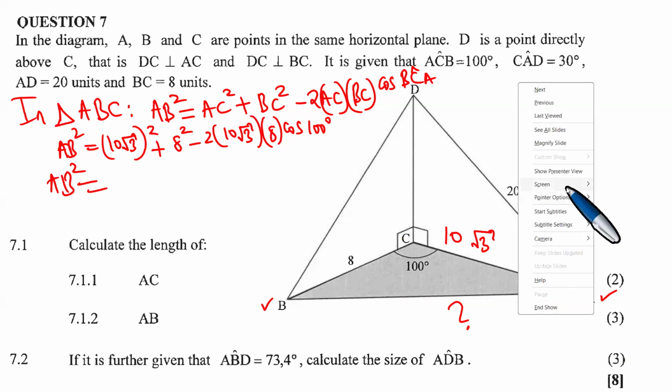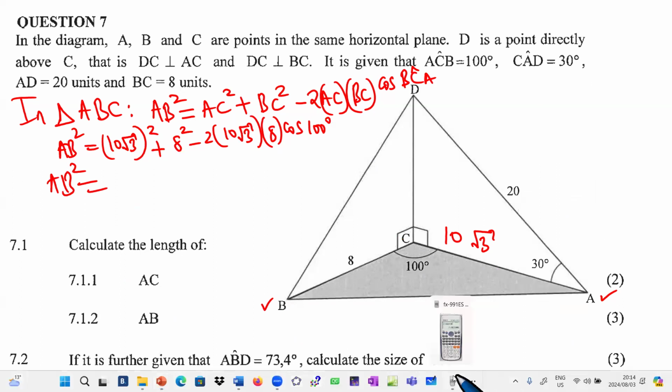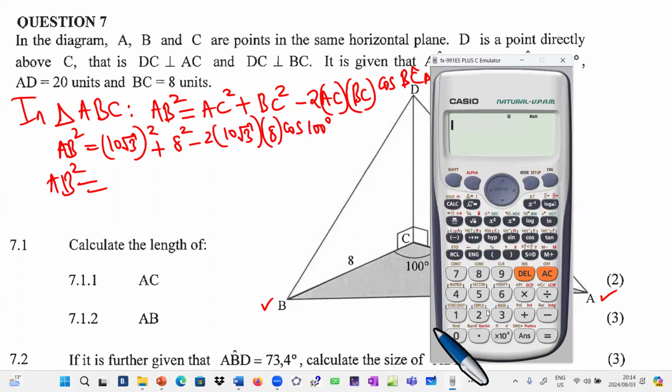Pay attention. So we're going to have 10 square root of 3, you close the bracket, you square this, plus 8 squared, minus 2 times 10 square root of 3 times 8 times cosine 100 degrees, close bracket, equals.